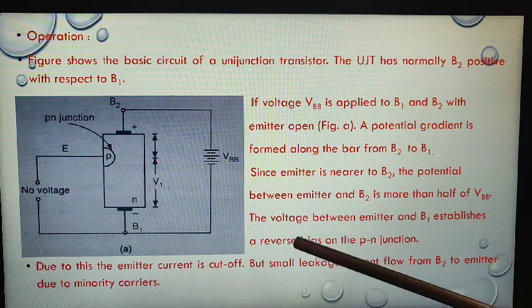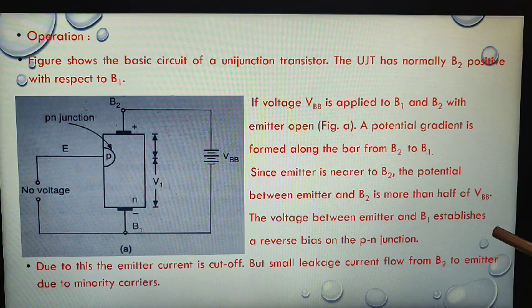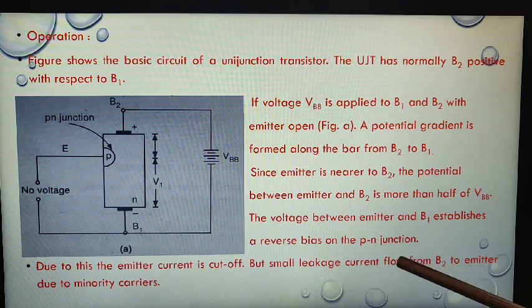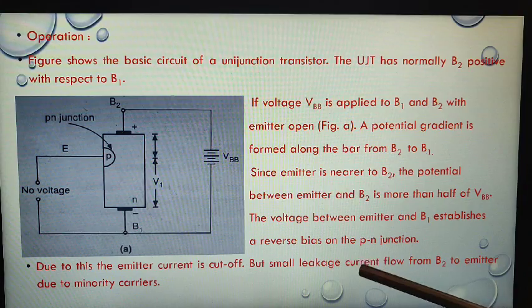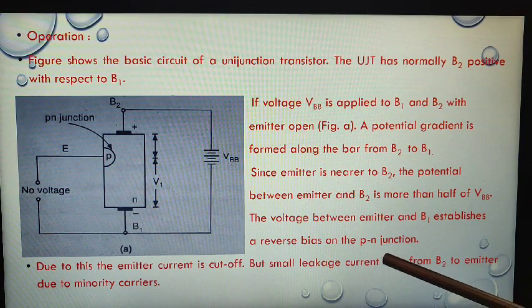The voltage between emitter and B1 establishes a reverse bias on the PN junction, because the voltage between B1 and emitter is low.